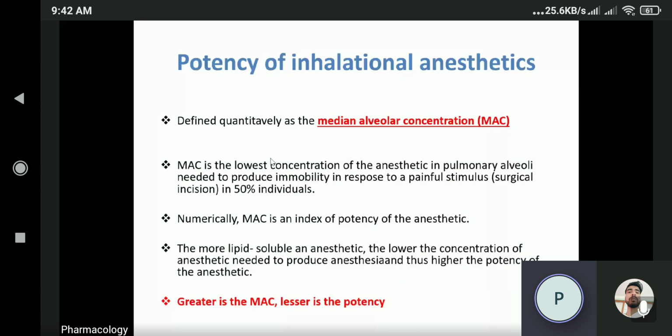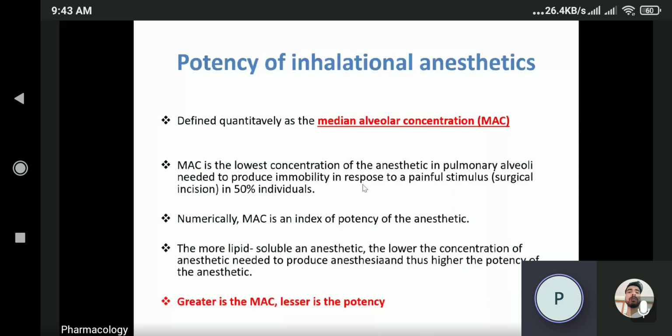Okay, so MAC is the lowest concentration of the anesthetic, that is the drug, in pulmonary alveoli that is needed to produce immobility. Immobility is your response here. So it is the lowest concentration of the anesthetic in pulmonary alveoli that is needed to produce immobility in response to a painful stimulus in 50% of individuals.